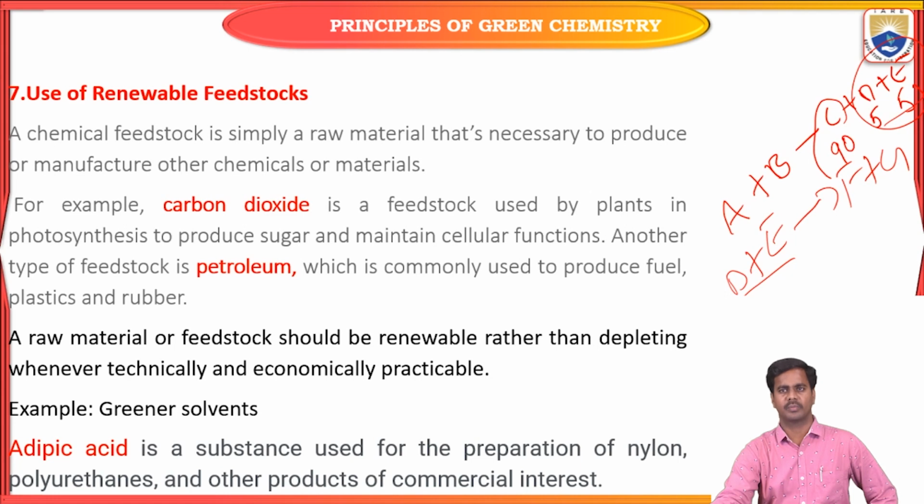And one more important example of a renewable feedstock is the use of adipic acid. It is one of the reactants in the preparation of nylon 66, which is a very important commercial polymer. This is formed from adipic acid.